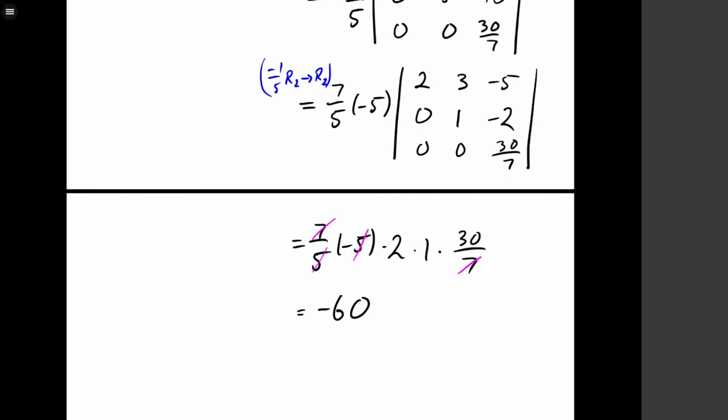So there are lots of interesting things that come out of being able to do these row operations. Just remember, we talked about taking a row and multiplying it by a constant, how that affects things. We've talked about combining rows and how that doesn't actually change anything.